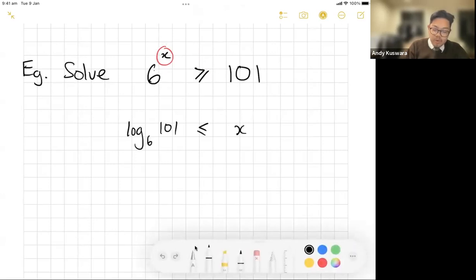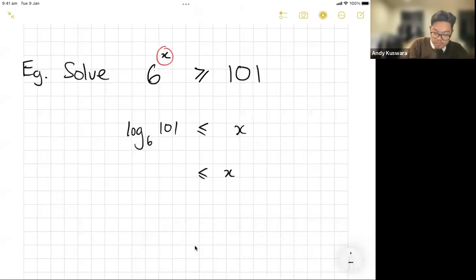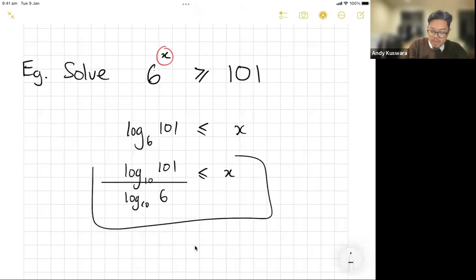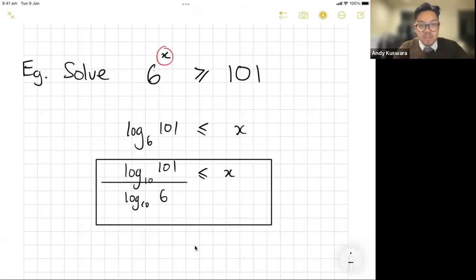So by changing the form, we just need to make sure we keep our x on the right side. And from here, calculate as usual. This will be a change of base. So this would be log base 10 of my numeral over log base 10 of my base. And that there, I'd be more than happy to take that as the answer.